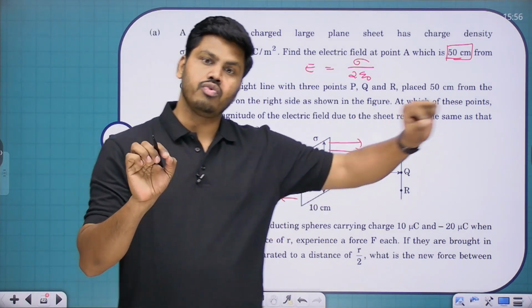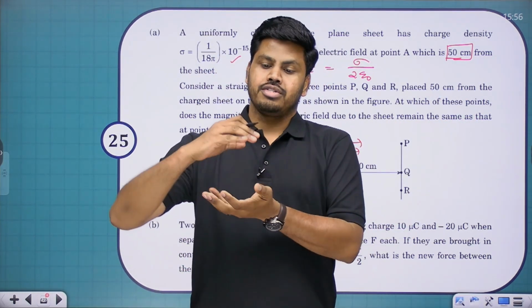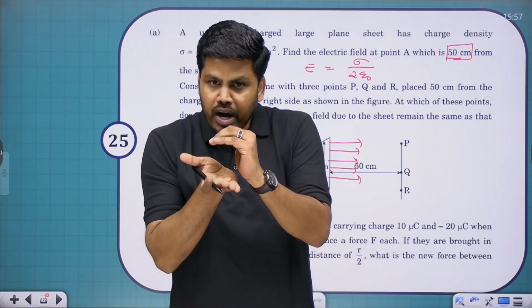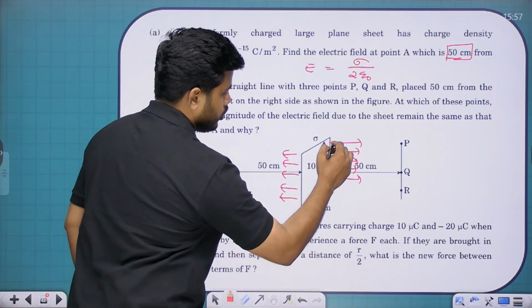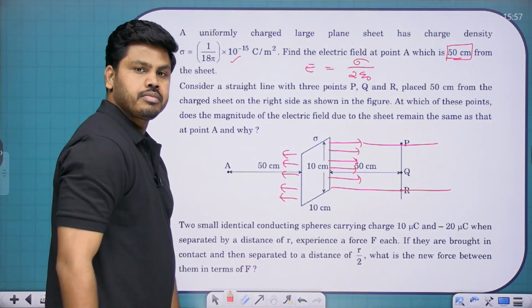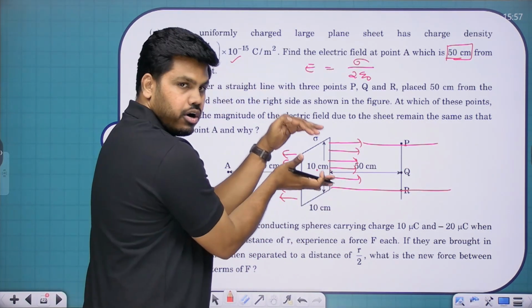So at 50 centimeter, this 10 centimeter size is not an infinitely long sheet. It is just a finite sheet then. So the electric field is going to be uniform only in this region. When you go to higher distances, just take this as a point charge.